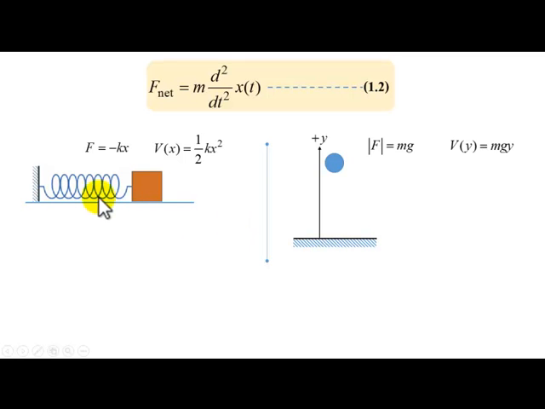That is, the force F and the potential energy V of x are not independent from one another, but are intimately linked together with a specific mathematical relation, which can be written as the force F is equal to minus the partial derivative of V with respect to x.